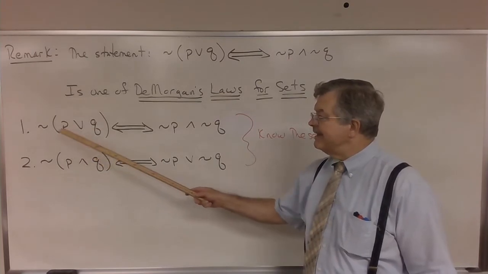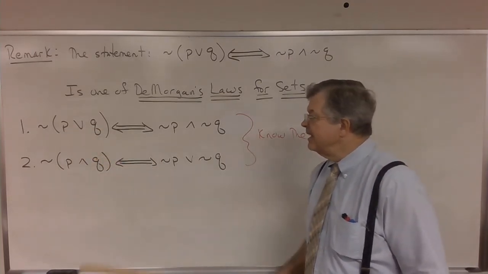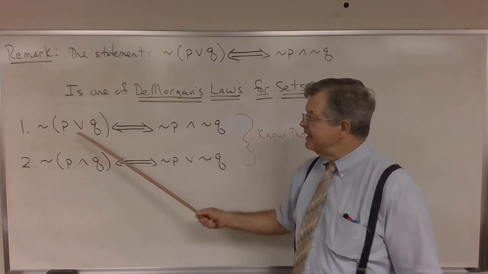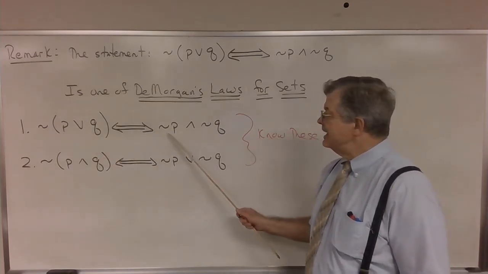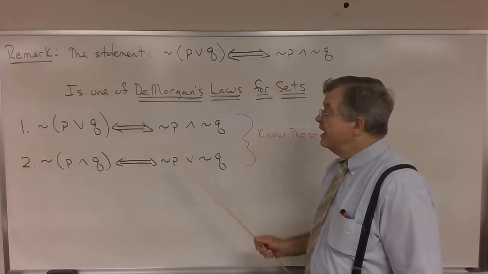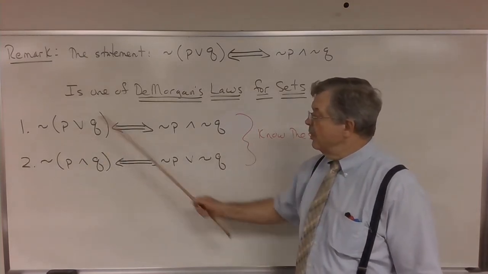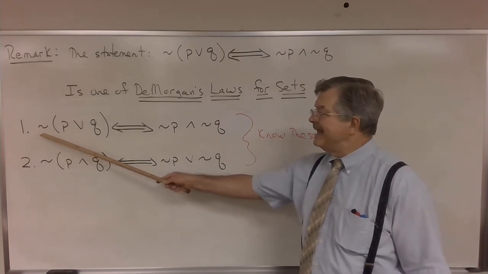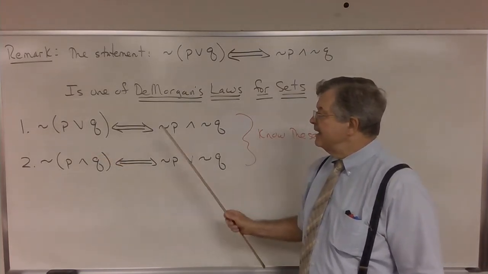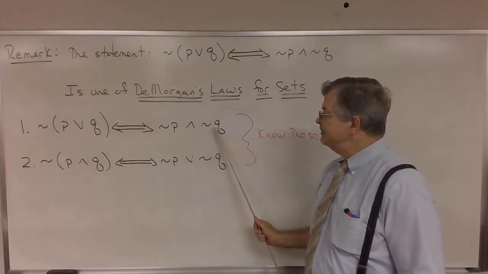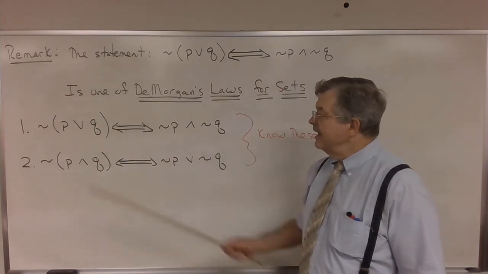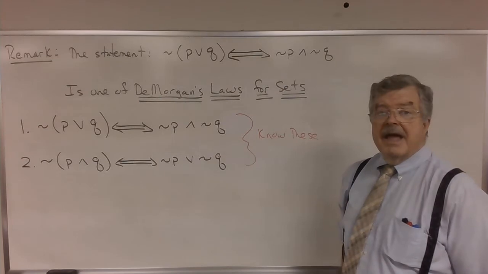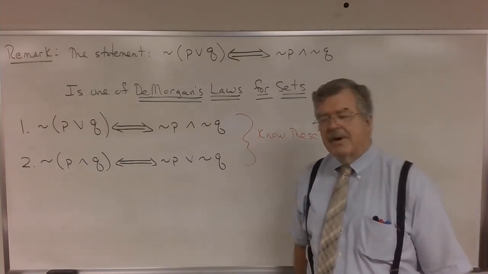If we negate an or statement, then we take the individual simple statements P and Q and we negate each of them, and then we change the or to an and. So to negate an or statement, negate each of the individual simple statements, and then change the or to an and.